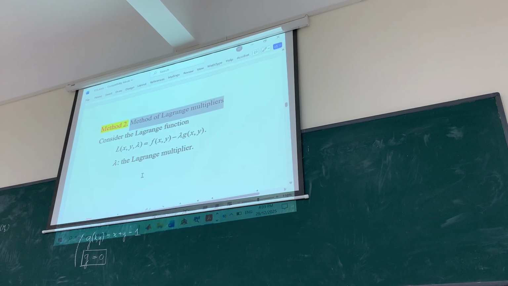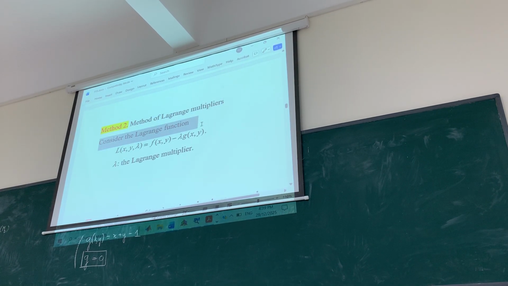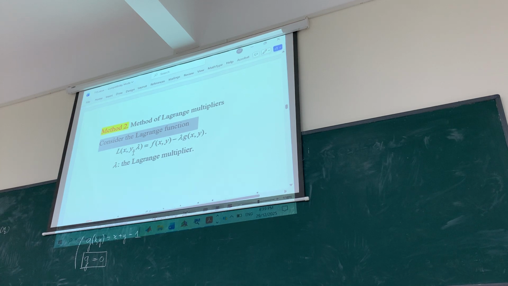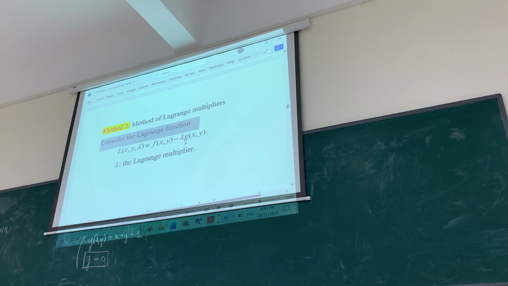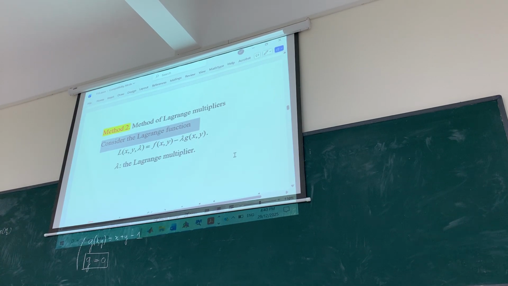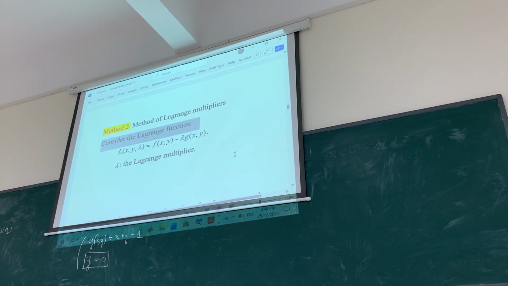In this method, we consider the Lagrange function of this form: L equals f minus lambda z. This introduces a new variable lambda. Lambda is called the Lagrange multiplier.